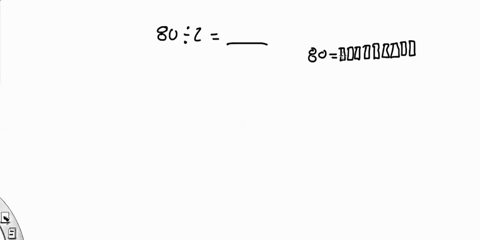So we have 10, 20, 30, 40, 50, 60, 70, 80. Oh, I added one too many in my drawings. Let me get rid of that one. Still learning how to use this. Okay. So we have 8 tens.